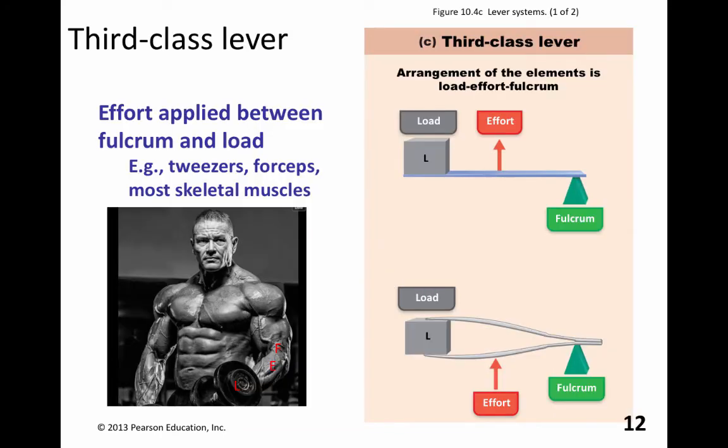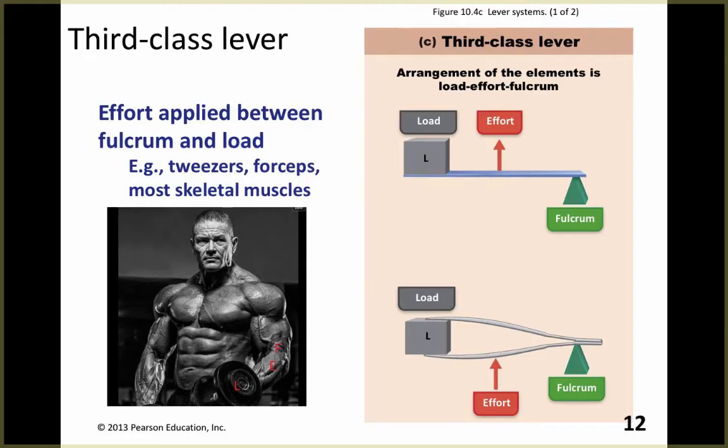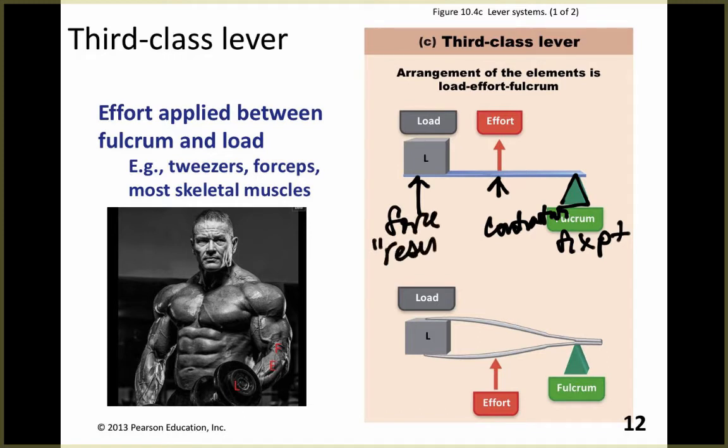Now, our third class lever system, you see that you have the fulcrum or the fixed point at one end. You have where the contraction happens towards the middle, and then the load or the force that's coming down, the resistance, right, is on the other end.